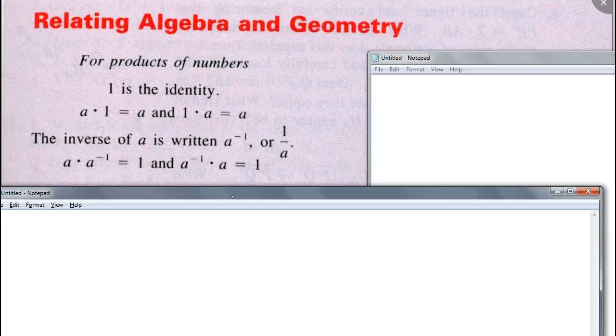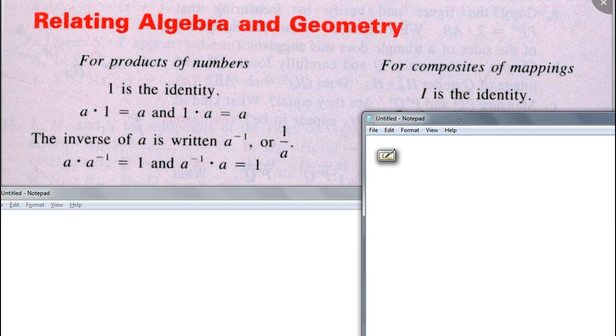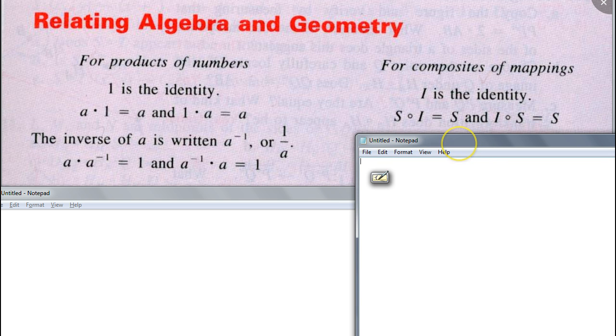You're going to get the same thing. So for example, we're going to use the letter I for identity. If you had a mapping S, if you were to do S of I, you get S back. And if you do I of S, you get the same mapping back.